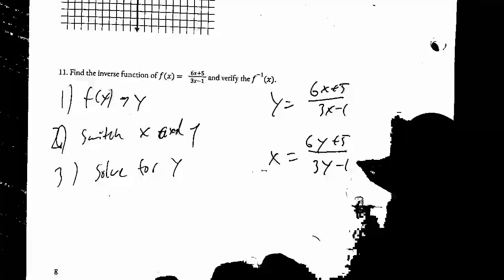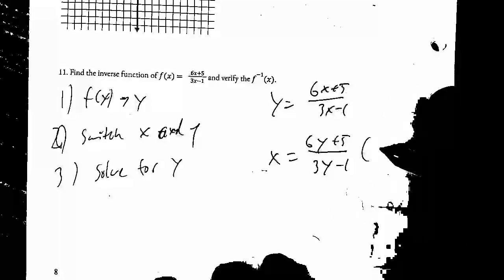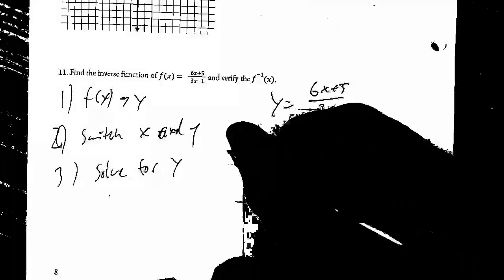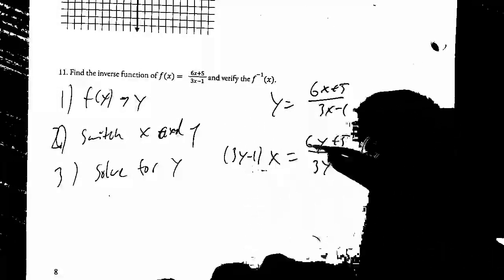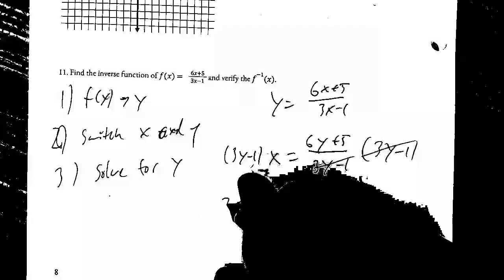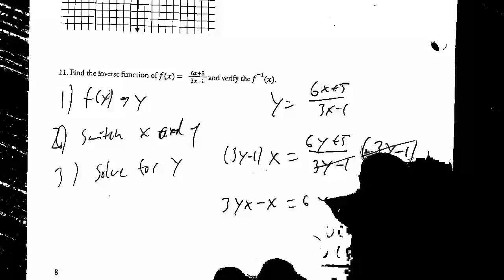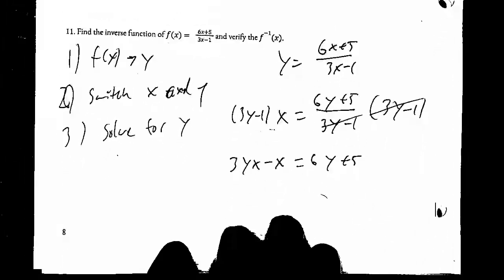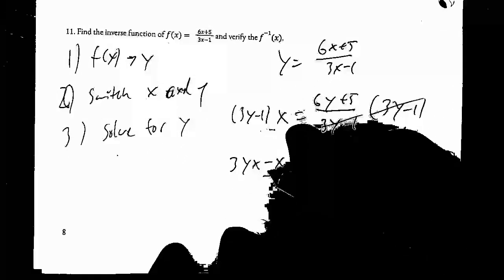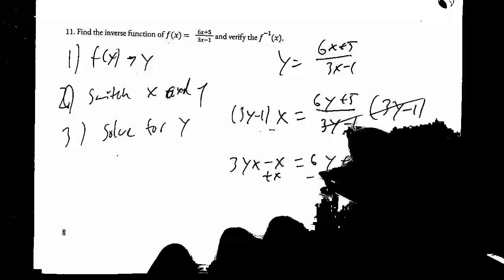To solve this for y, you want to get all the y's on one side. We're going to multiply both sides by 3y minus 1. It's going to cancel that. And then I'm going to distribute on the left here. We're going to get 3yx minus x equals 6y plus 5. I want the y's on one side, so let's move that x over, plus x, and then a minus 6y here.